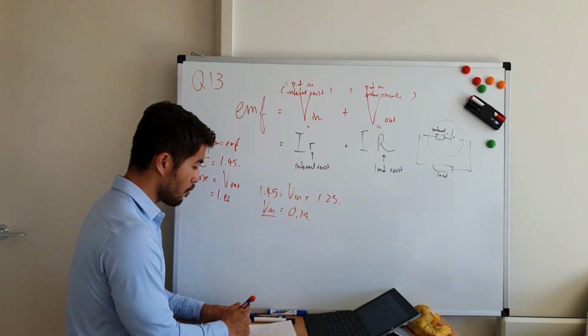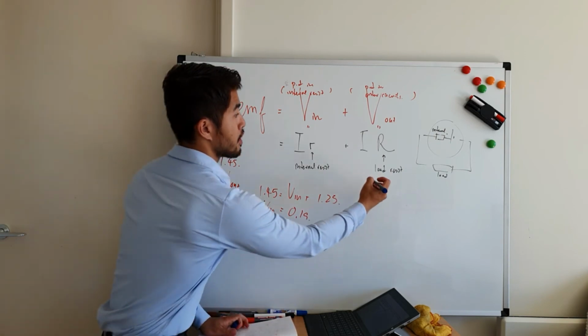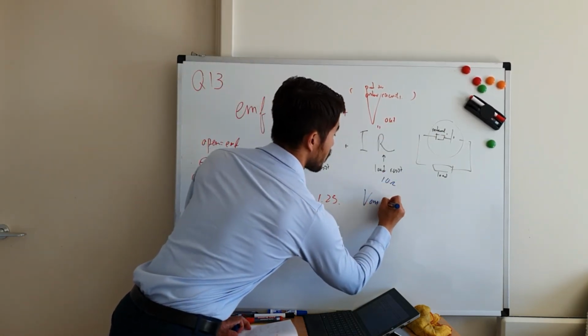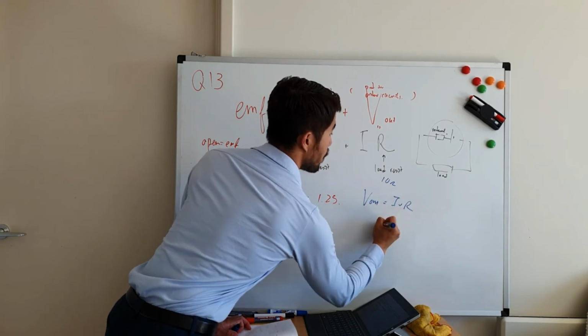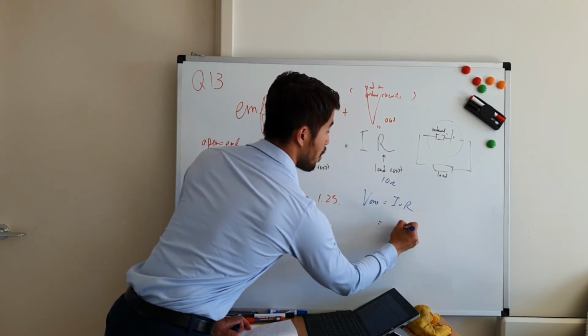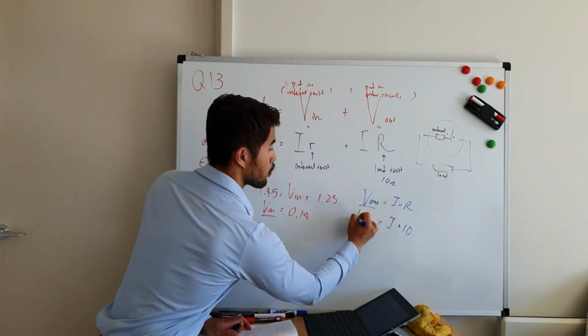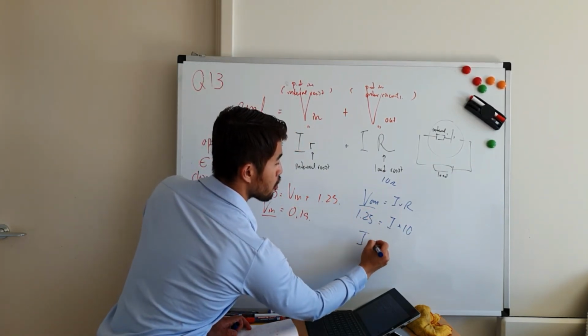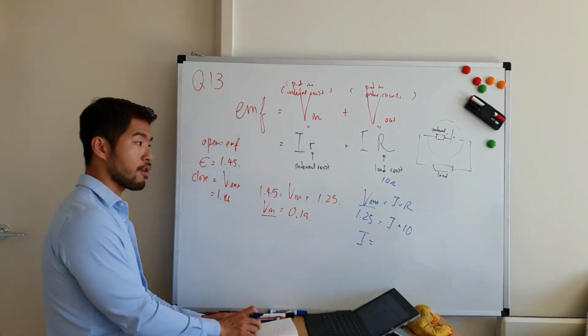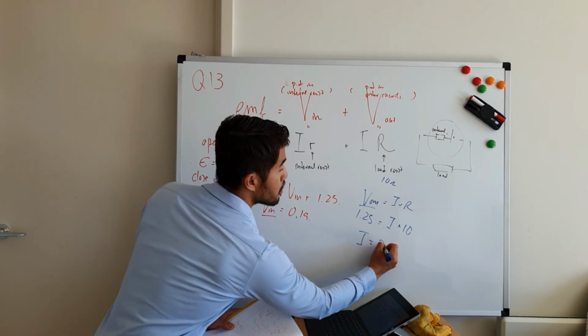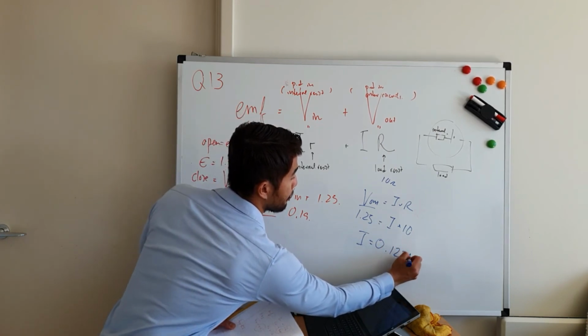But also, we know that our load resistance is 10 ohms. So V out equals I times R. We know the load resistance is 10 ohms and V out is 1.25, so the total current, because it's a series circuit and total current is the same everywhere, will be 0.125 amps.